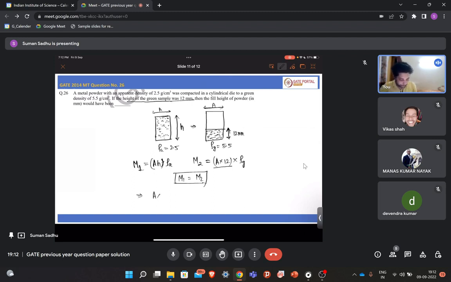That means A into h into 2.5 is equal to A into 12 into 5.5. Now A and A get cancelled out. You have to calculate h, the fill height, that means the initial height of the powder. So what will h be? 12 into 5.5 divided by 2.5. What will be the answer?